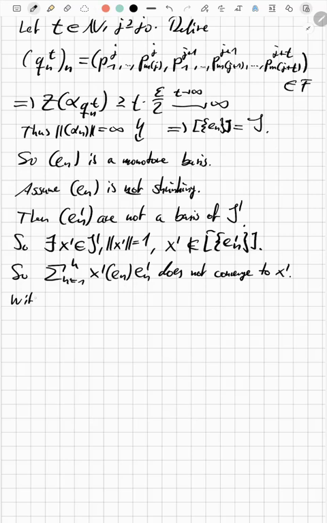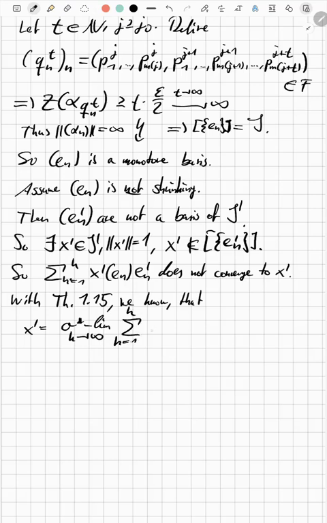However, with theorem 1.15, we know that x dash is actually the weak star limit of this sum right here.